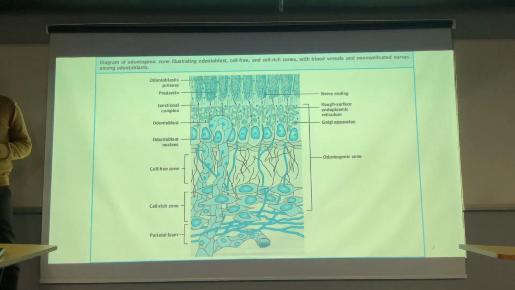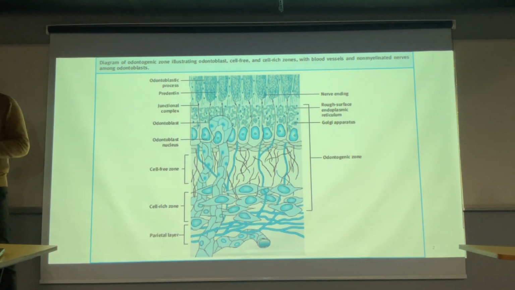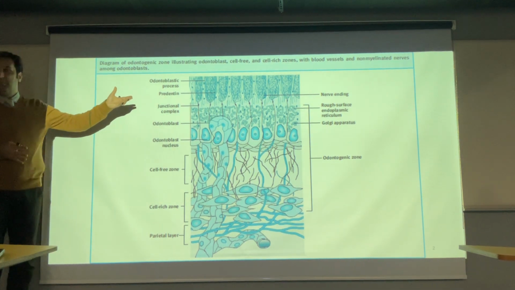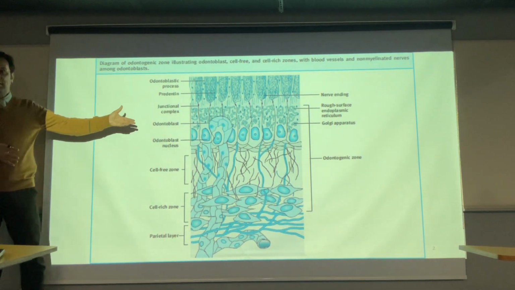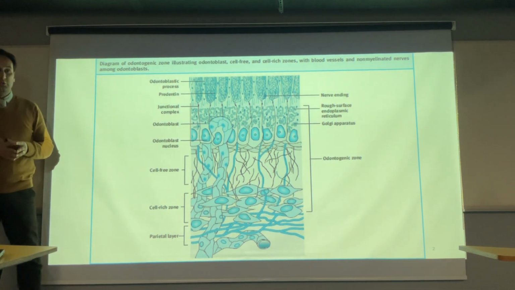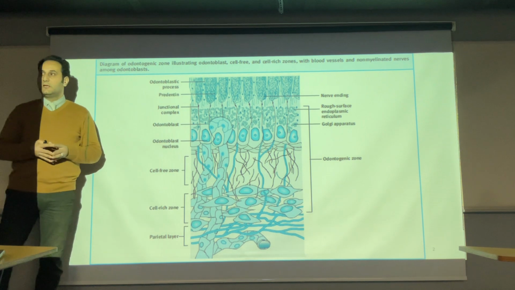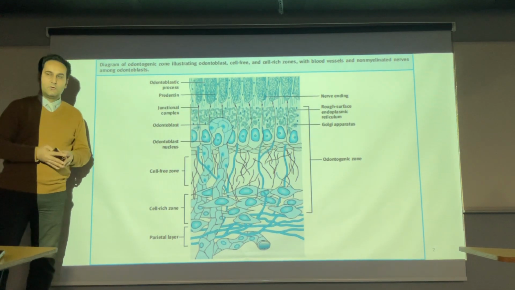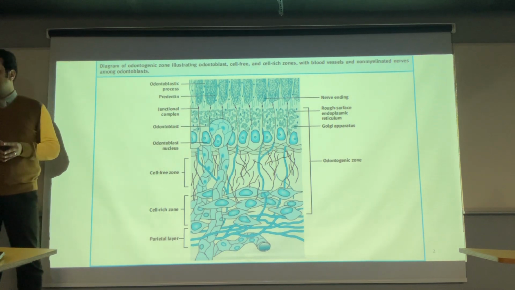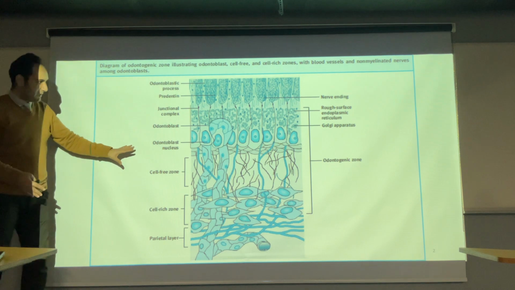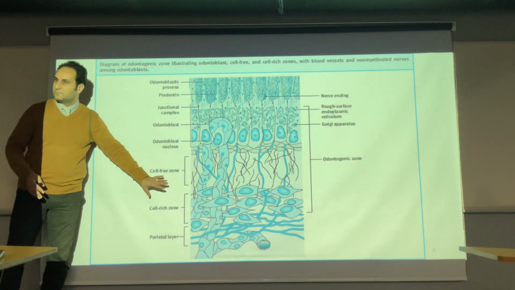This fluid continuously circulates in the dentin structure in the periodontoblastic space. The hydrostatic structure of this fluid is very important in pain transduction. We will talk about that. Can you understand these structures?